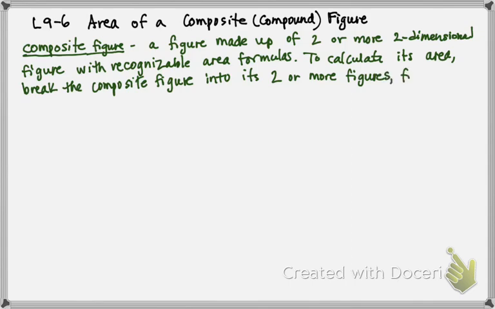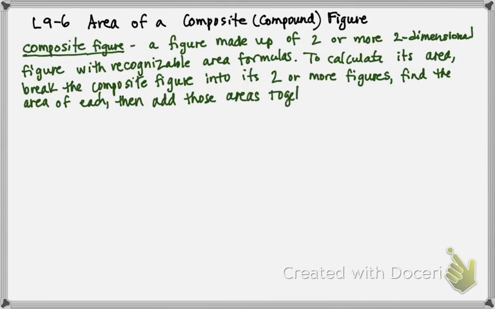Find the area of each, then add those areas together. So you're still going to find an answer that has square units, but we're breaking it into smaller pieces that we know how to calculate the formula for the area of that particular shape.